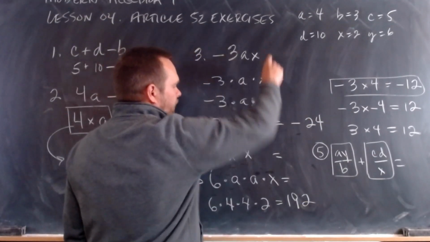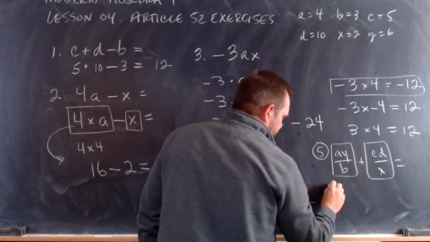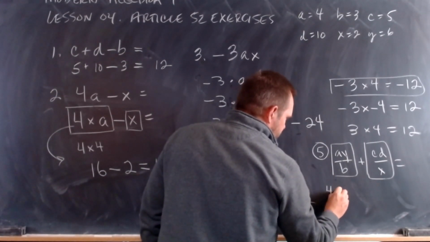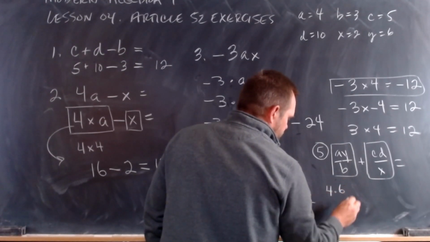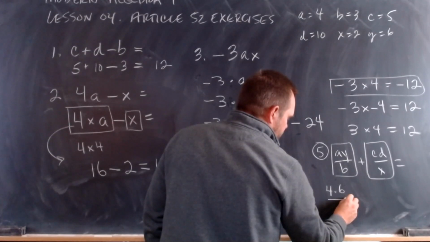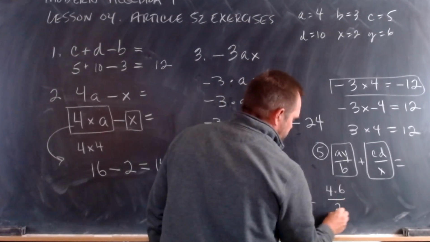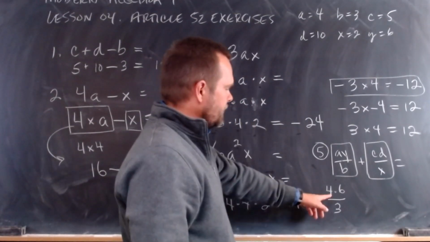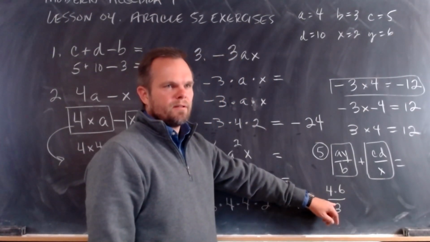A times y. A equals 4 times y, 6, divided by b. What is b? 3. What is 4 times 6? 10. Are you serious? 24. No, stop.